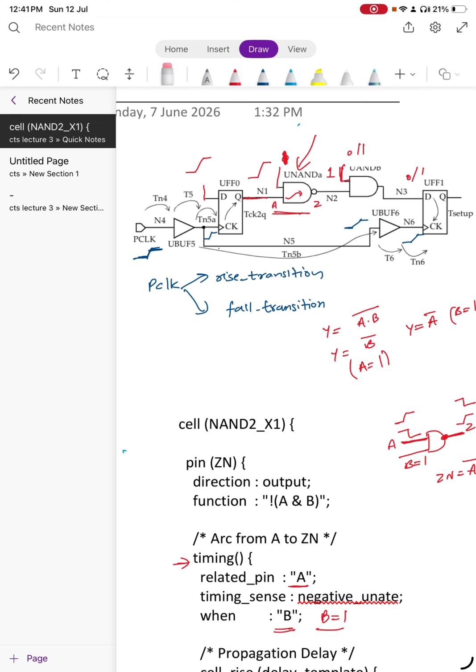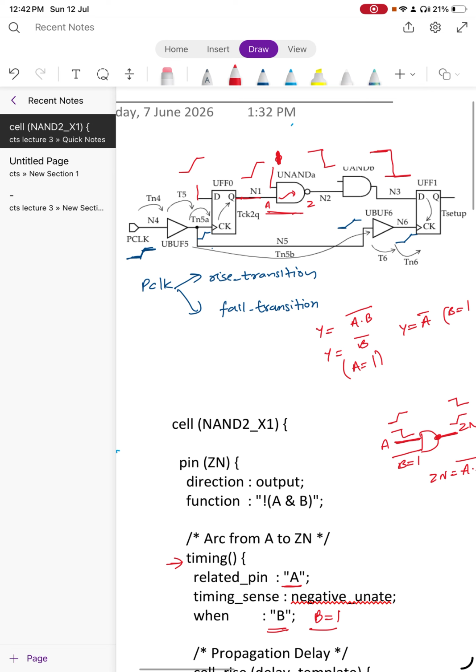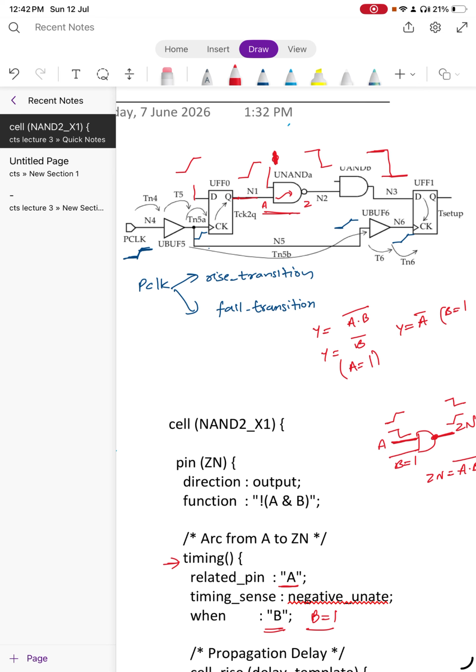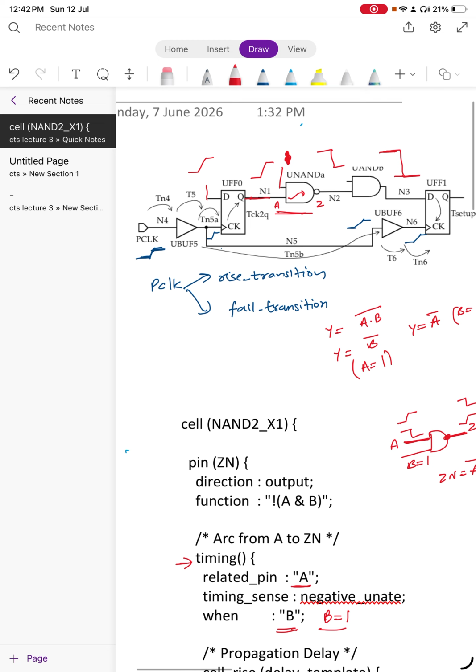So this case, what we saw, let me draw again. Here, this is a negative unit. So this is falling, and then this is also falling because this is a positive unit gate. So this is how the transitions look. Now, another case may be when D is actually falling.